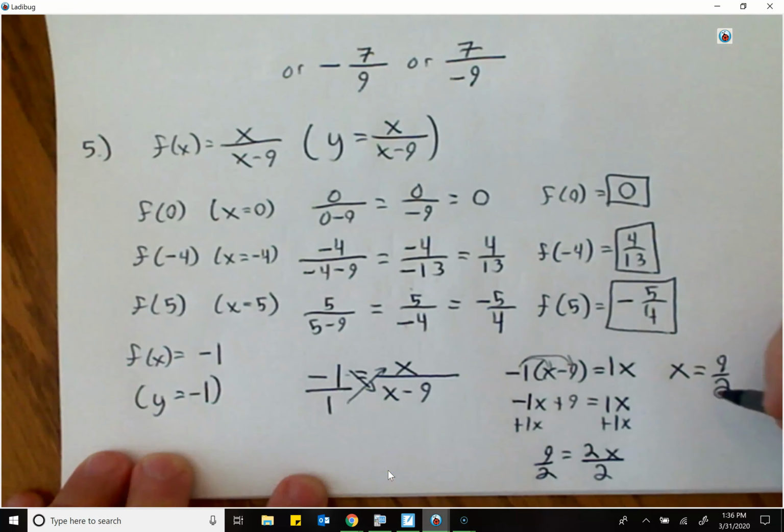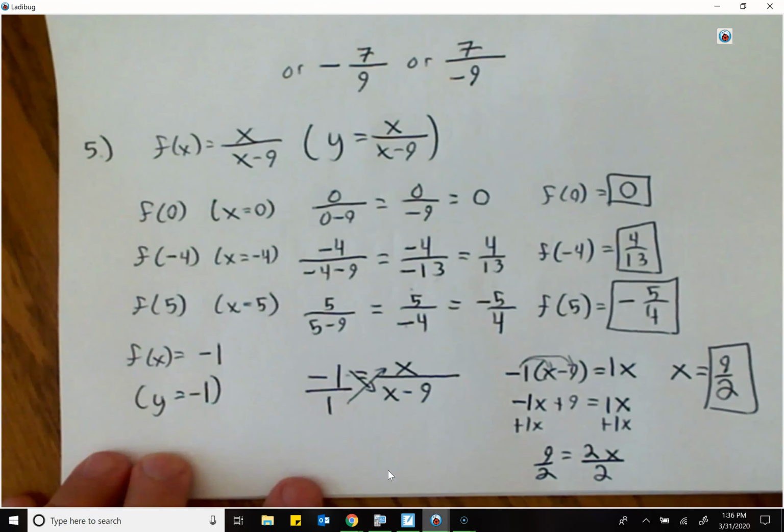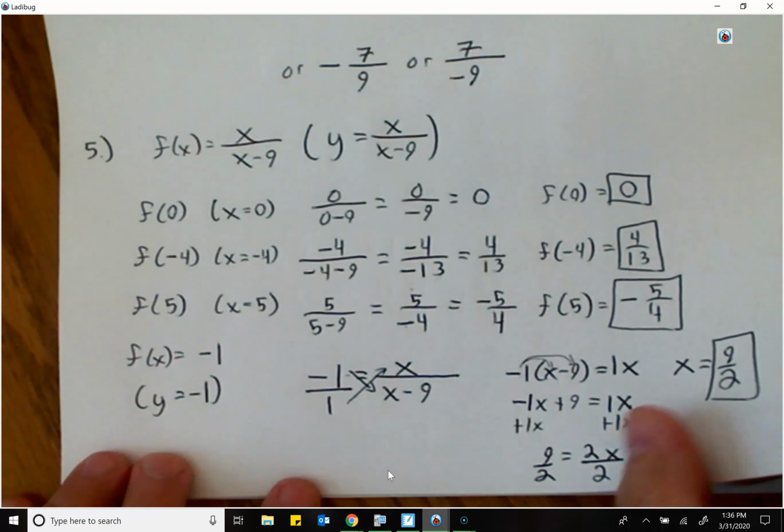You're solving for x. And the answer for x is 9 over 2. And that's problem 5. And that right there ends everything from 4.1. So 2 domains, 2 simplify, and a couple of evaluating problems.